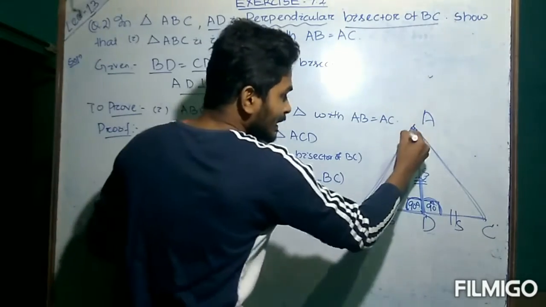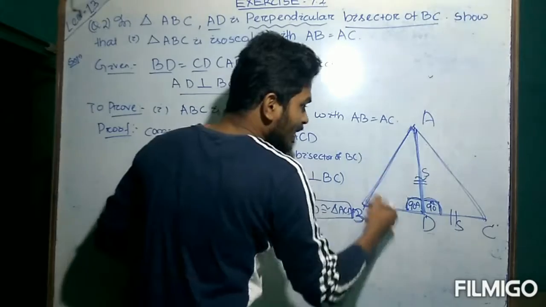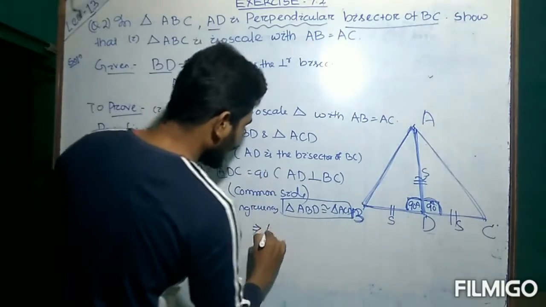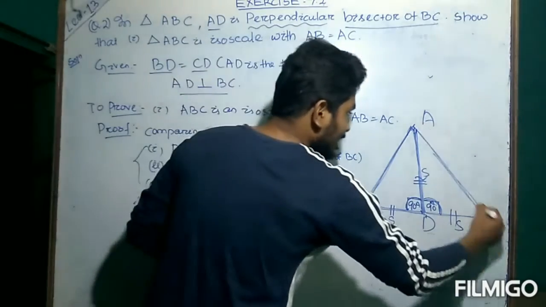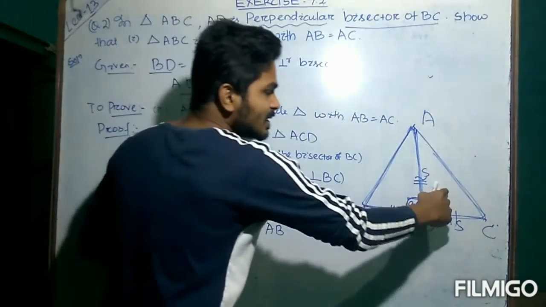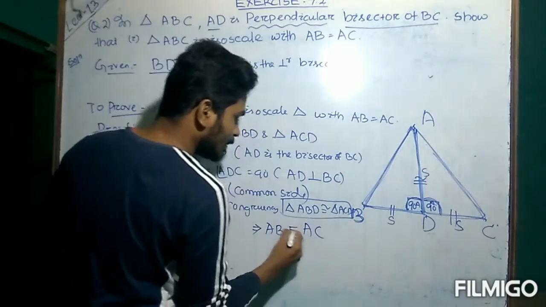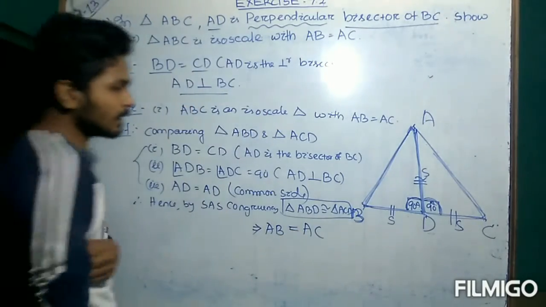Now we can write that AB is a side of which triangle? Triangle ABD. Similarly, AC is a side of which triangle? Triangle ACD. Since this triangle and this triangle are congruent, we can write this side is equal to this side. AB is equal to AC. Understood?